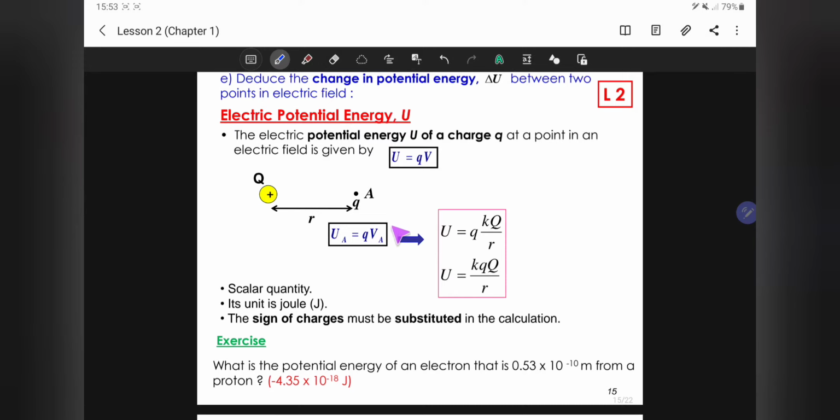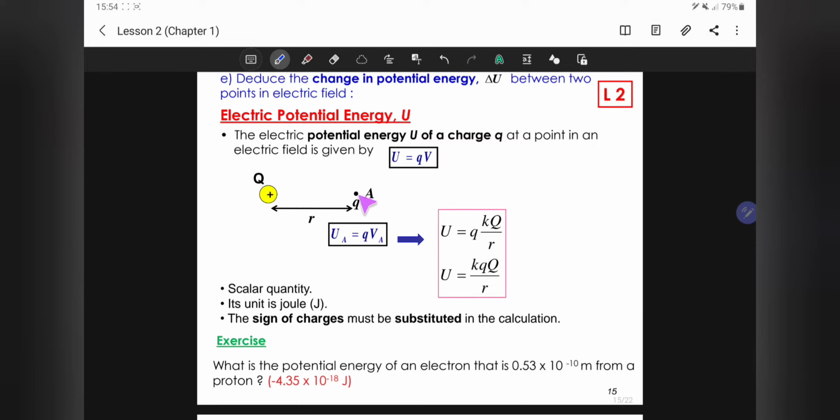Alright, so in this case, let's say there is an isolated charge and there is a test charge. By having this situation, we may calculate the potential energy at point A here. So the electric potential energy at point A equals QVA. What is VA?